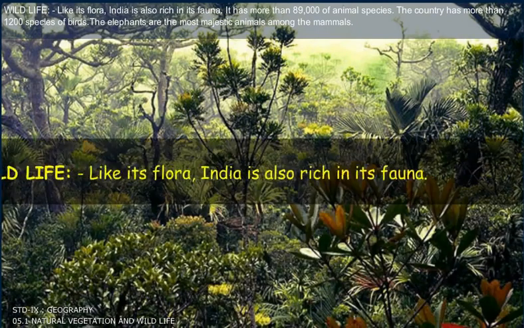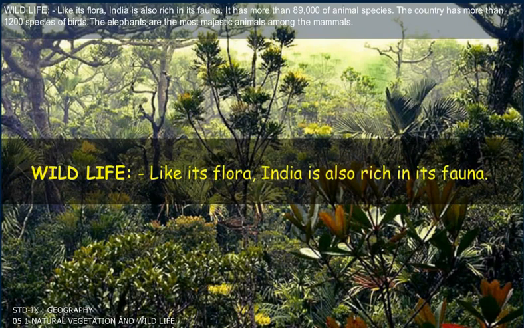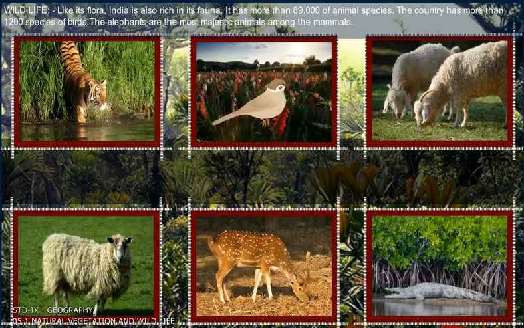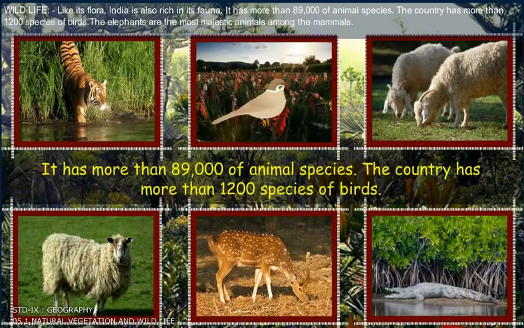Wildlife. Like its flora, India is also rich in its fauna. It has more than 89,000 animal species. The country has more than 1200 species of birds.